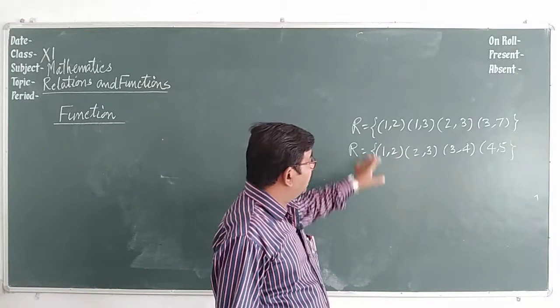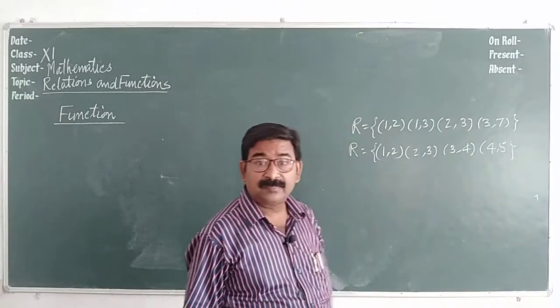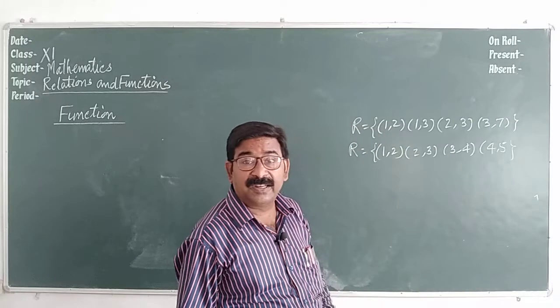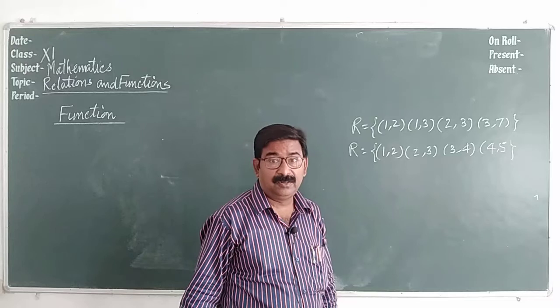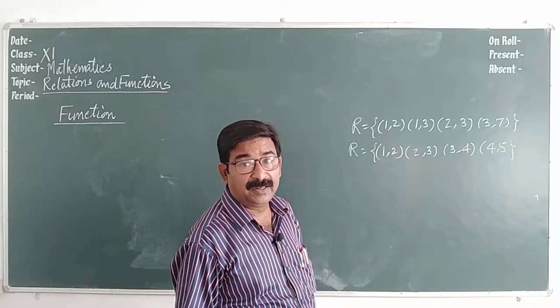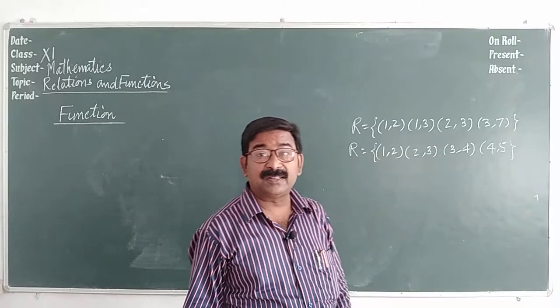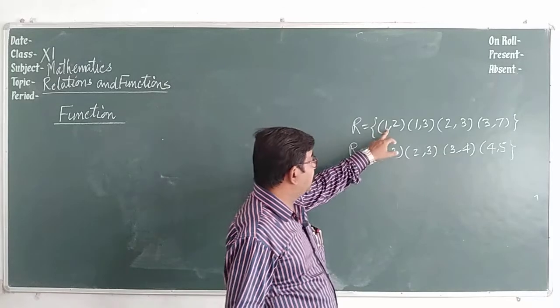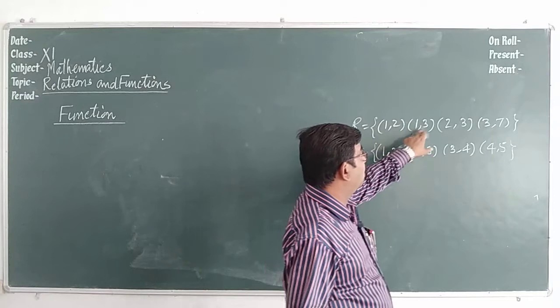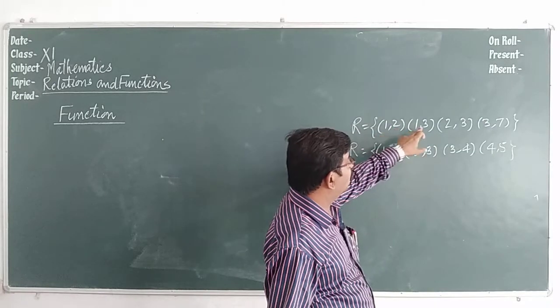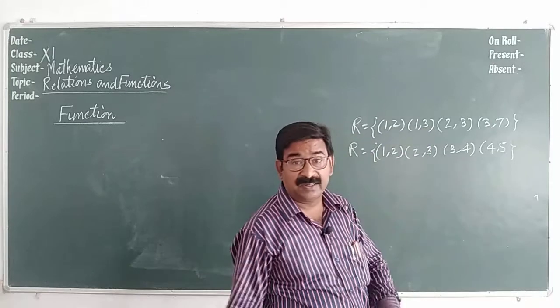Check every first element. If any of the ordered pairs first element is repeated, it means it is not a function. It means it is a relation. Like see, here we have 1 2, 1 3, means one has image 2 and one has image 3. Is it possible?